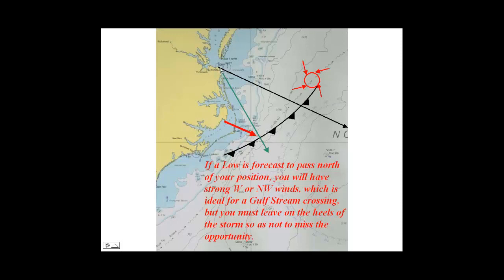You want to be ready to leave on the tail of that storm just as it's beginning to clear and the wind pipes up to the northwest, because that gives you a tremendous driving force to get through this Gulf Stream very, very neatly. So this is the time to go on the heels of that storm.